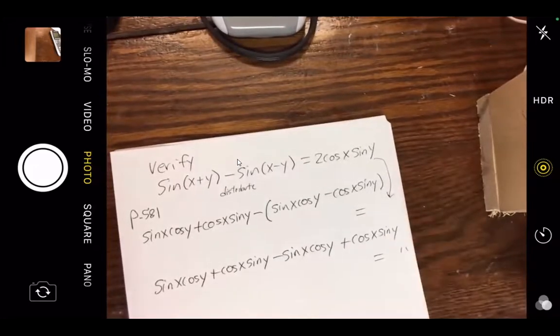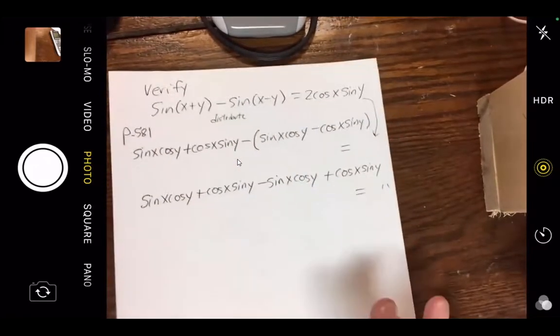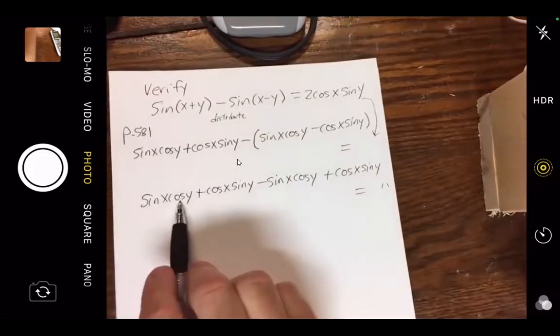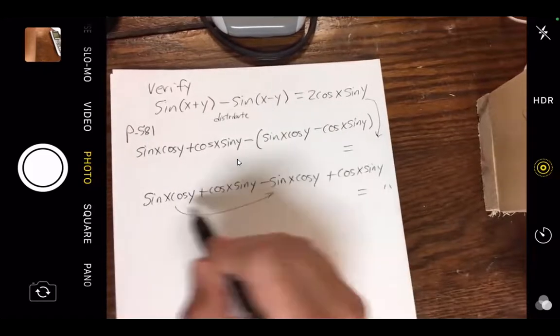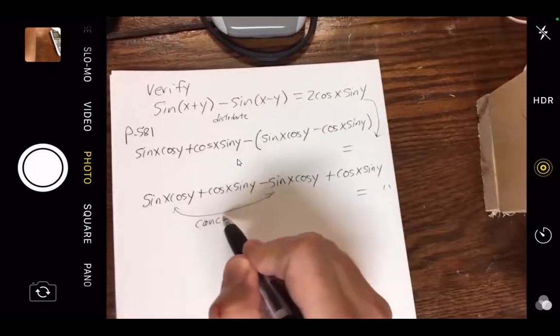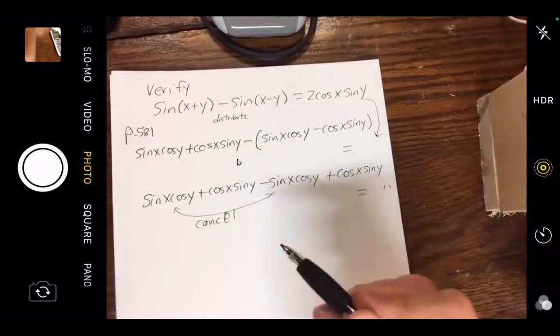Now what I'm doing is looking for like terms. Do you see sine x cosine y, minus sine x cosine y there? Those are going to cancel.